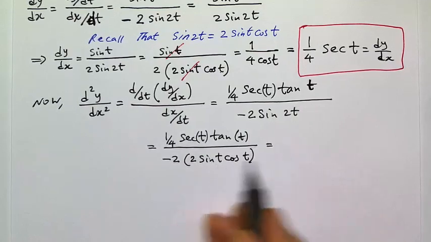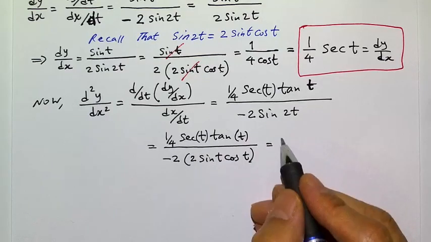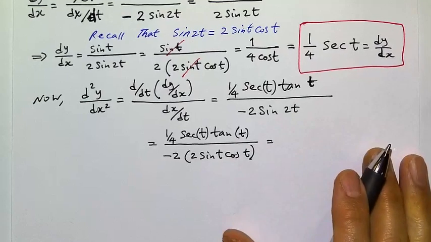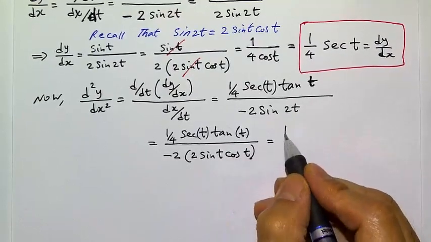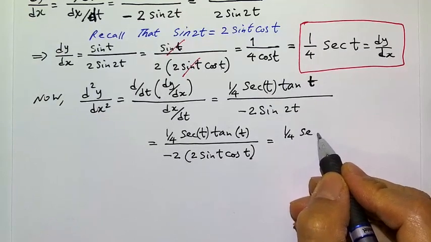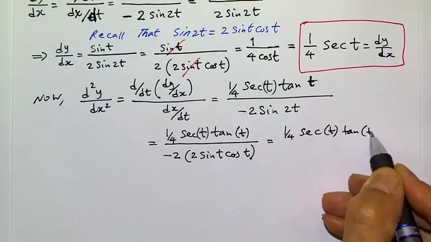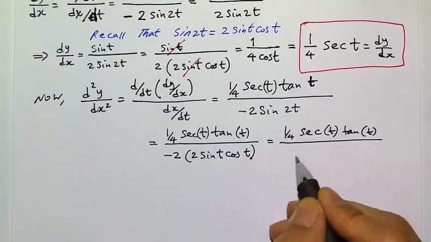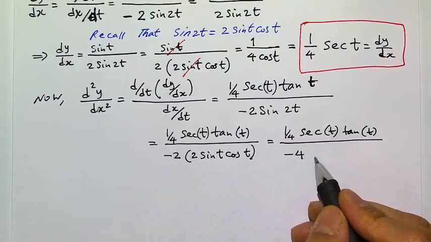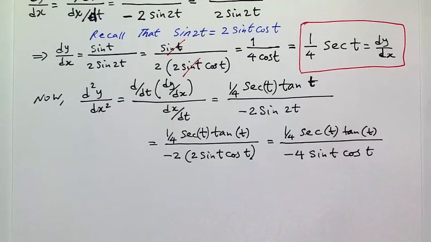Let me put the simplified version here. I don't want to simplify all of it in one step, so let me just do partial simplification. So we have 1/4 secant t tangent t divided by minus 4, 2 times minus 2, minus 4 sine t cosine of t.